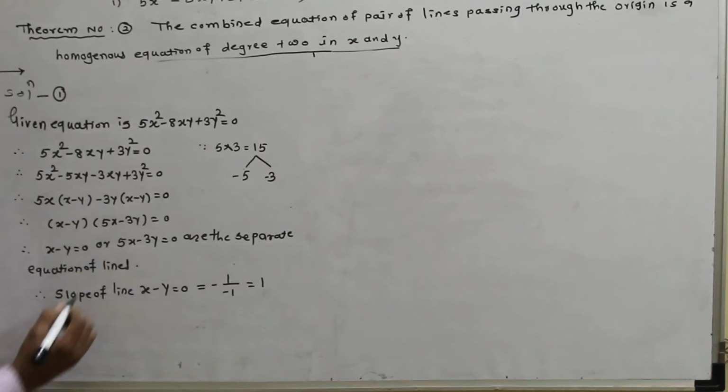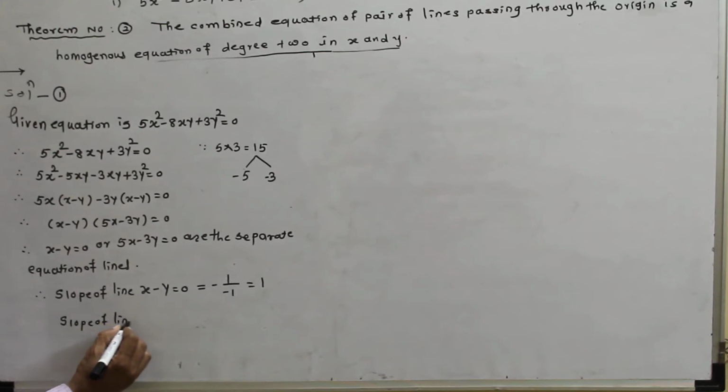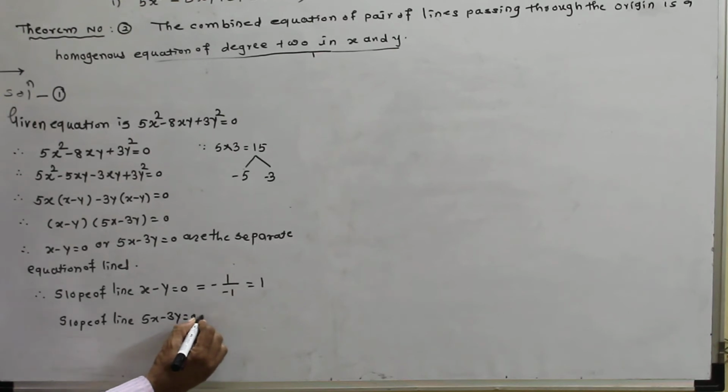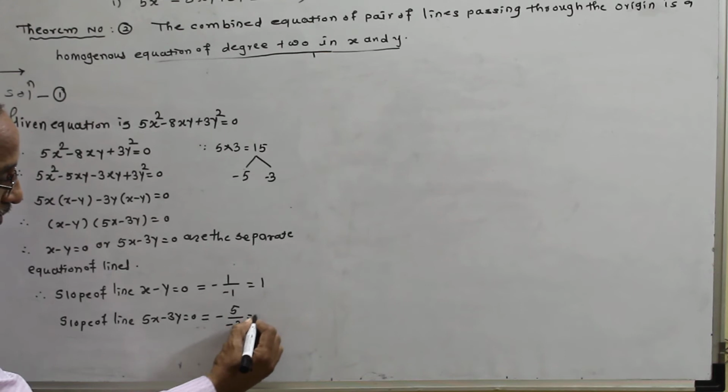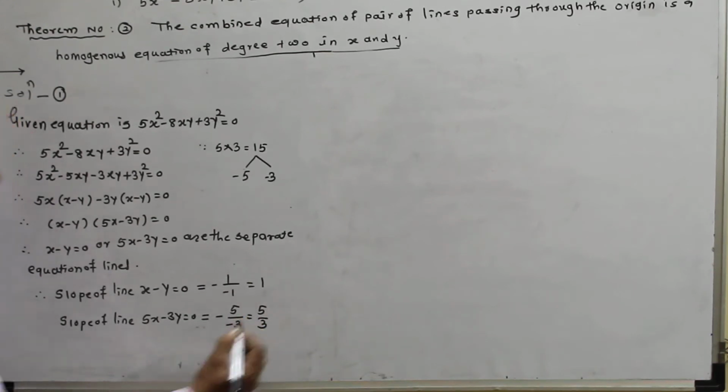Now the slope of the line 5x minus 3y is equal to 0 is minus 5 upon minus 3, which is equal to 5 upon 3.